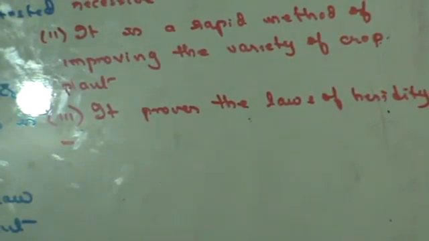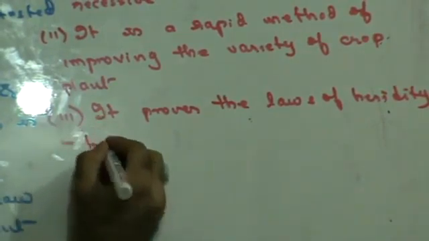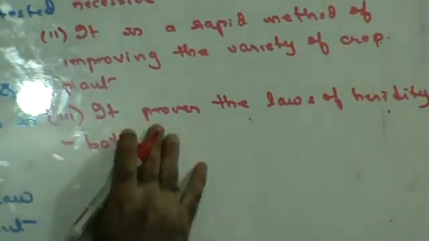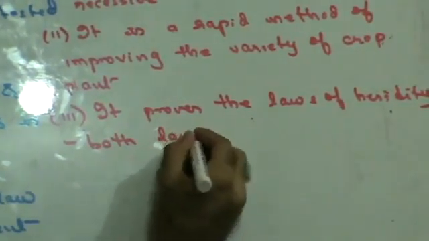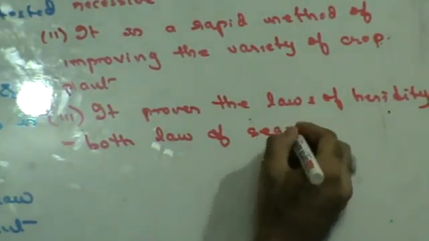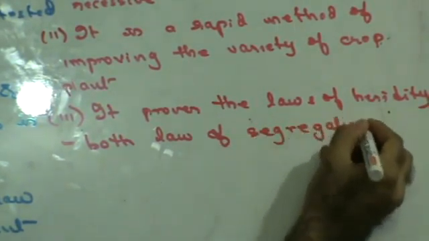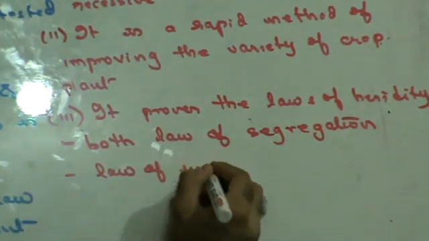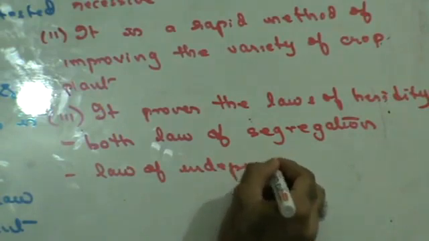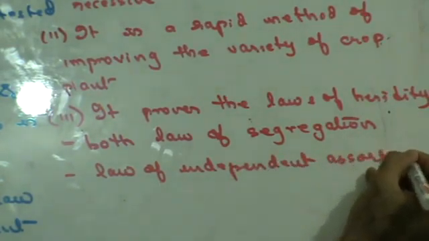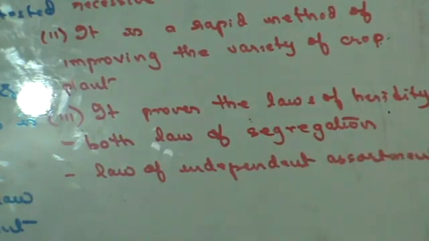That it proves both laws: the law of segregation and the law of independent assortment. Both the laws are proved in this, right?